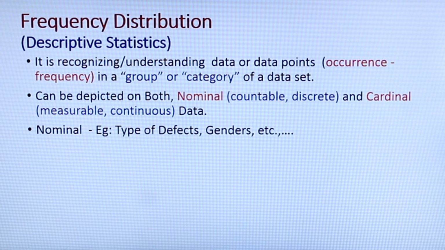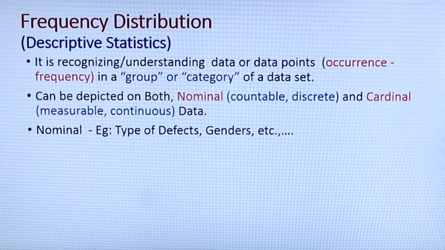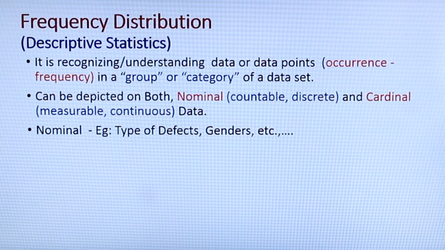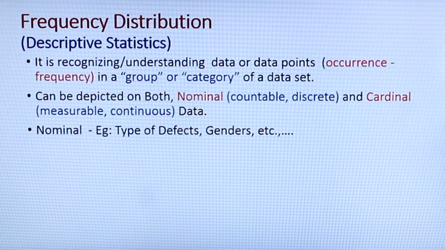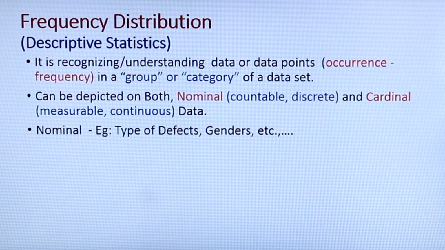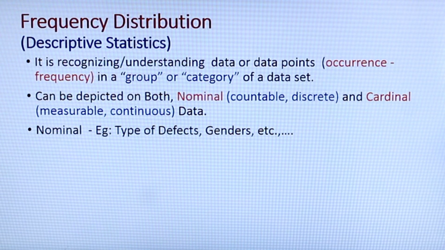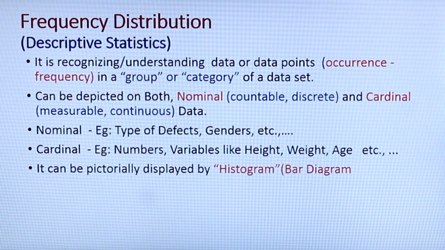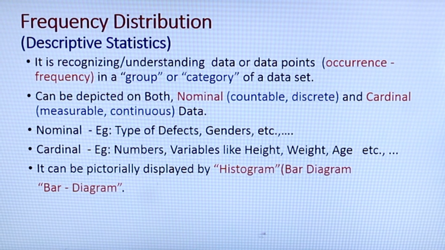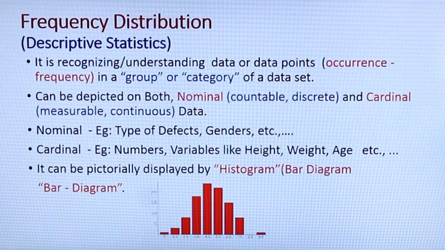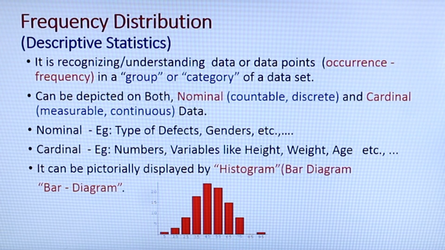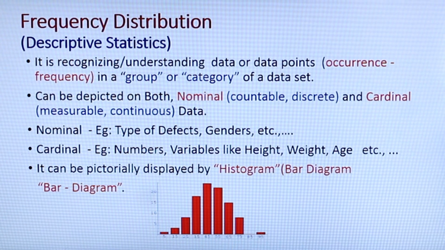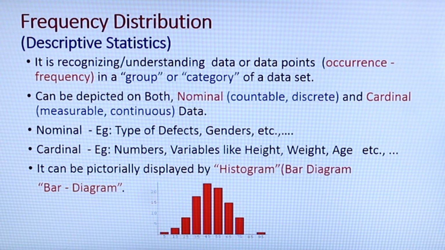Examples of nominal data: you can consider gender-wise data, country-wise, state-wise data, types of defects, several things like that. Under cardinal, it is numeric, mostly variables like height, weight, age, etc. Frequency distribution is depicted by way of a pictorial diagram using a histogram.